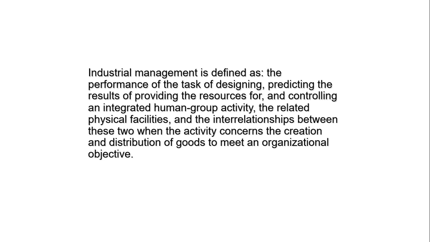Industrial management is defined as the performance of the task of designing, predicting the results of, providing the resources for, and controlling an integrated human group activity, the related physical facilities, and the interrelationships between these two when the activity concerns the creation and distribution of goods to meet an organizational objective.